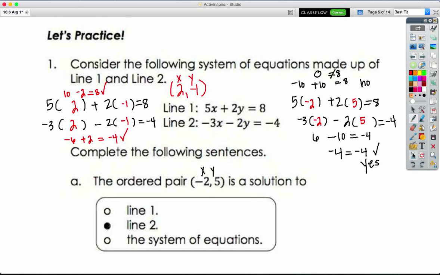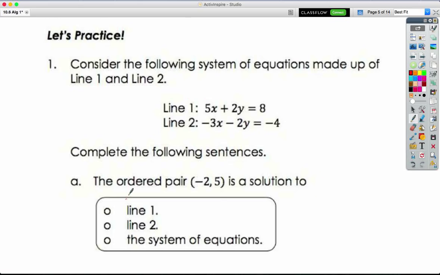So if we go back and check 0, 4, our x's and y's are going to be replaced with the coordinates, and we're going to see again if that point is making either one of them true or both of them true. At this point, we should be able to reason that if it's two lines and they're not the same line, there should only be one point of intersection.